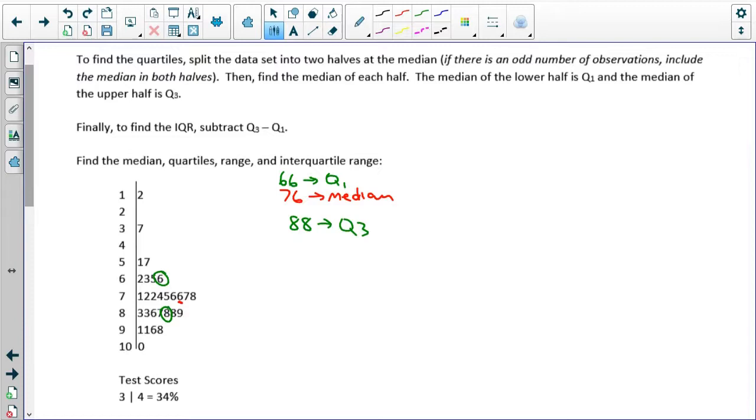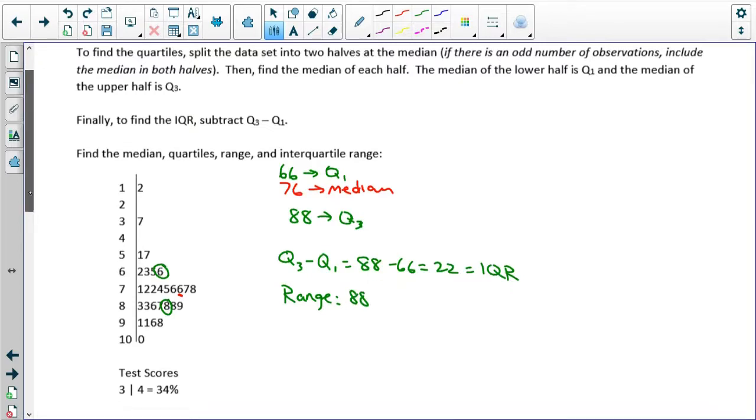If we want to find the interquartile range, all we have to do is Q3 minus Q1. That's 88 minus 66, which is 22. So 22 is the interquartile range in this problem. The range is much larger. It's 100 minus 12, or 88. So that's how we would do that problem.